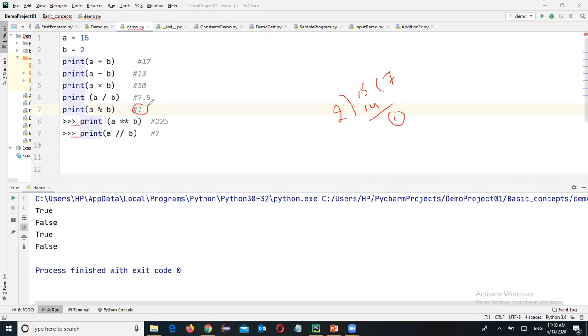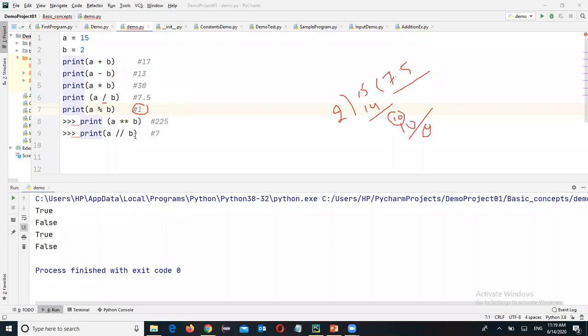The division operator gives a result with decimal points, like 7.5.